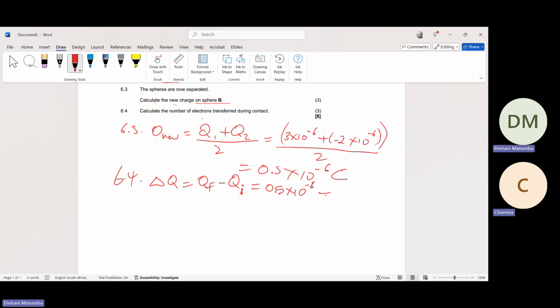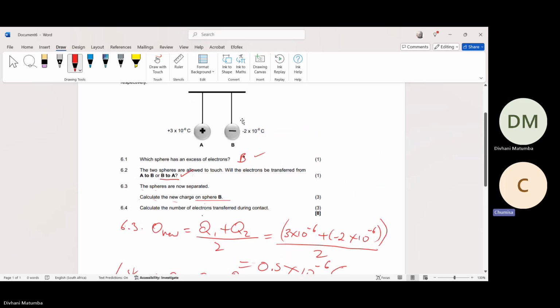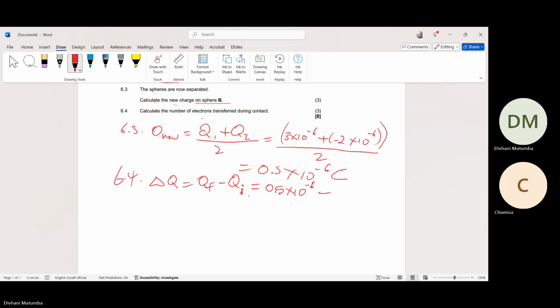Then minus Q initial, it was minus 2 times 10 to the power of minus 6. Yes, you always have to target the negatively charged object, the one with more electrons, first, as Q initial, because that's where electrons will flow from, because there's a lot of electrons. You agree? Yes, sir.